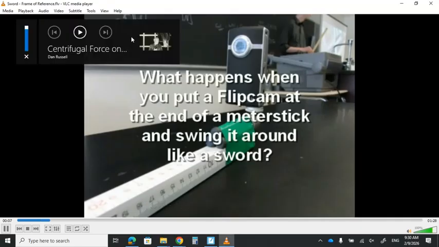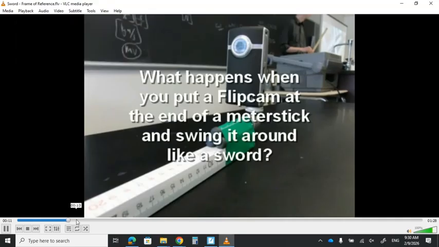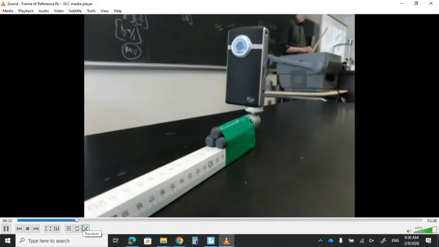So you put a camera at the end of a meter stick and swing it around like a sword. What does it look like? It's pretty hard to interpret what the person's doing if you look at all the different motions. The beauty of this video is they show a side by side in a minute of what the person's really doing.